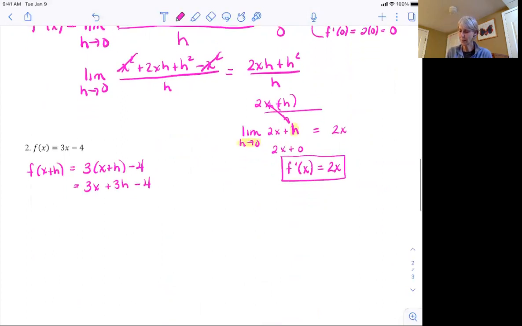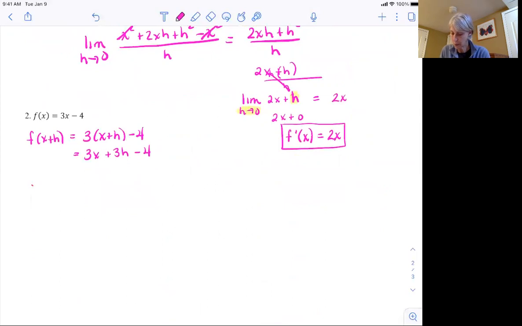Once I have that, then I set up my limit. Remember, the limit is f prime of x equals the limit as h approaches 0 of f of x plus h, right? 3x plus 3h minus 4. Now I'm going to subtract f of x.